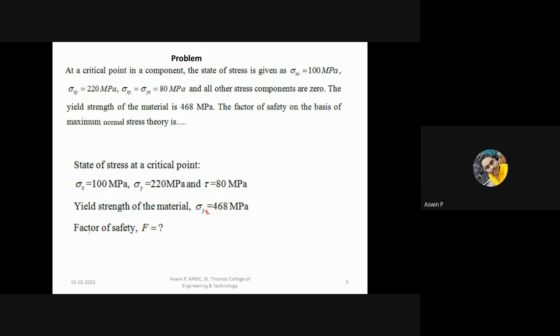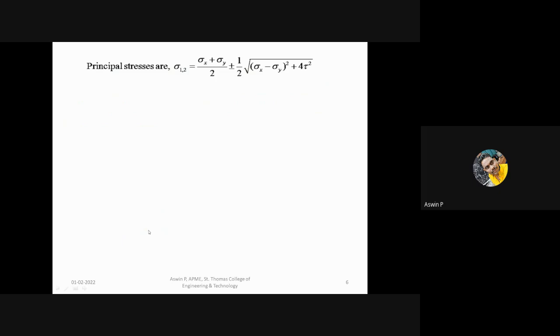So they have asked you the factor of safety. For that, first of all, we must find the principal stresses. For that you have the equation: sigma 1 is equal to (sigma x plus sigma y) divided by 2 plus 1 by 2 root of (sigma x minus sigma y) square plus 4 into tau square. This equation is known to you, and if you want to find sigma 2, instead of plus here, it will be minus.